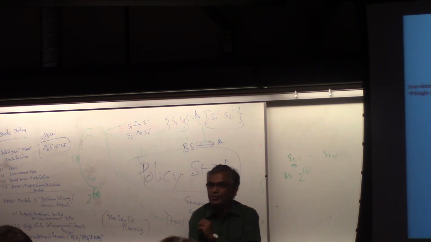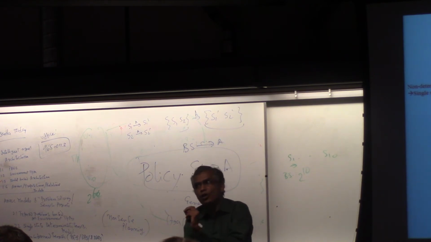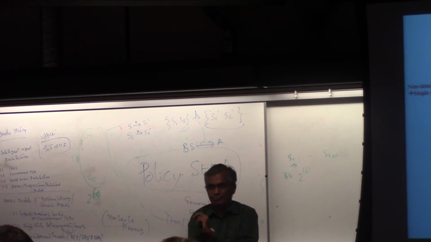Suppose I give you a model which lets you know how likely you are going to be in what state. So you no longer just have the set of states, but also the probabilities on each of the states. You have more knowledge, not less. You realize that, right?